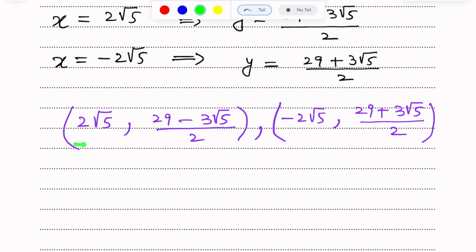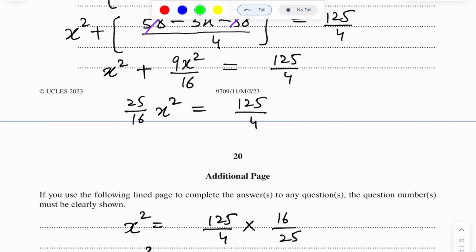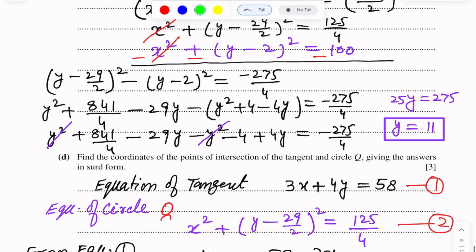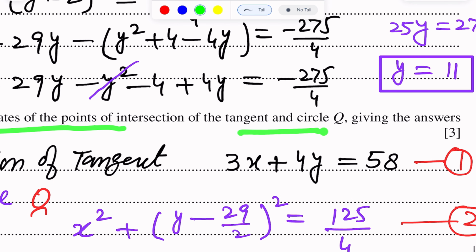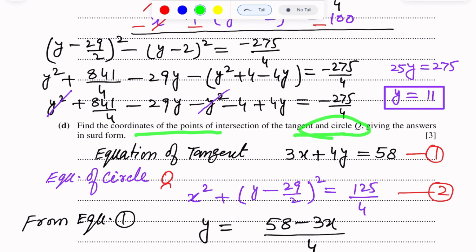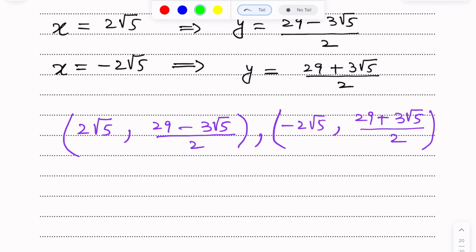So these are the final answers. These are the 2 points of intersection of the tangent line and the circle Q. The answer is clearly given in surd form.